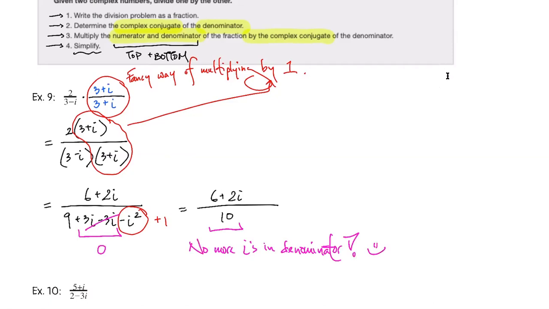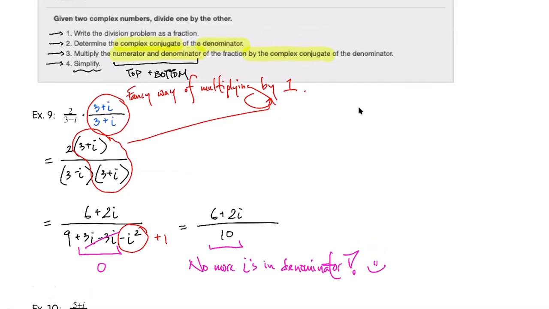Okay? So Eric, to go back to your bigger question of why we are multiplying by this fancy way of saying 1? Well, our goal is to get rid of the imaginary numbers in the bottom. And one of the easiest ways to do that is to multiply by the complex conjugate.